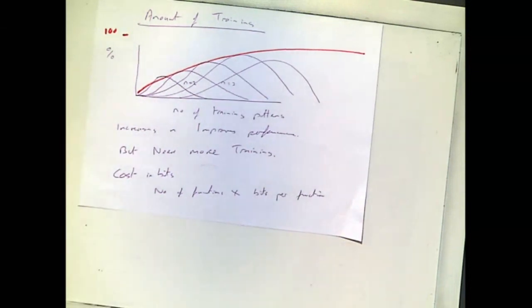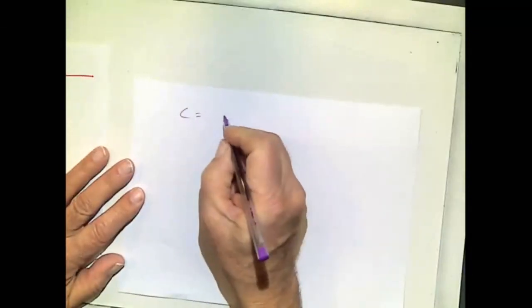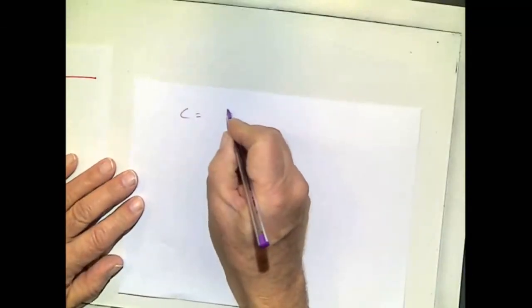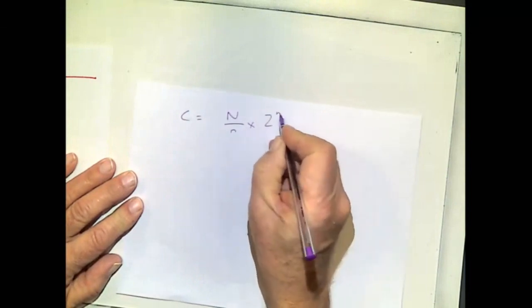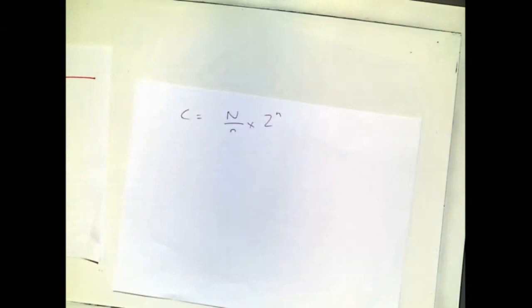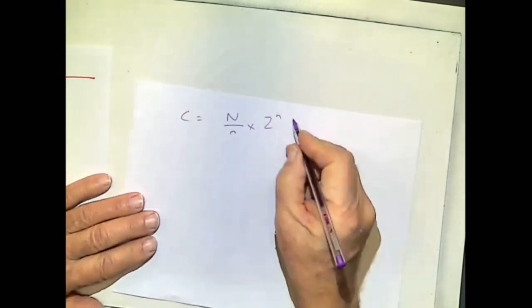So if I'm now taking that, let's have a cost equation. C is going to be equal to the number of functions, which will be N over little n, times 2 to the n, which looks pretty harmless, and that's going to be number of bits.